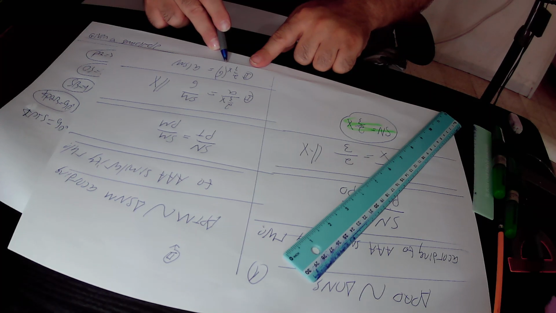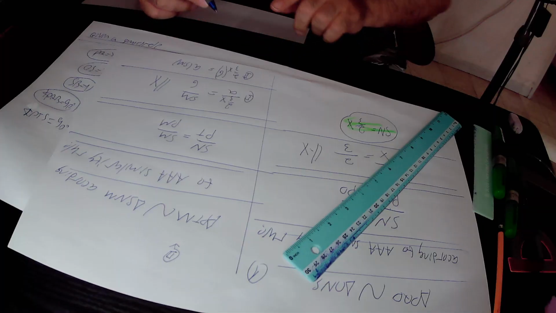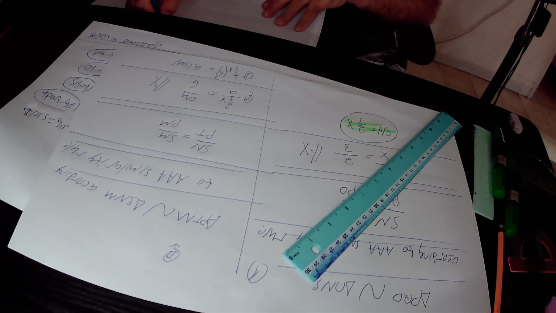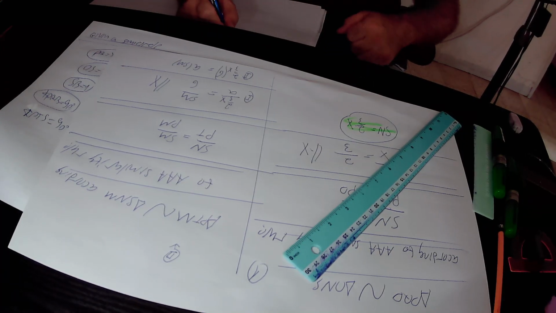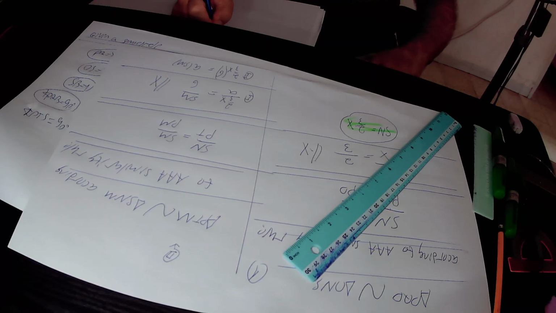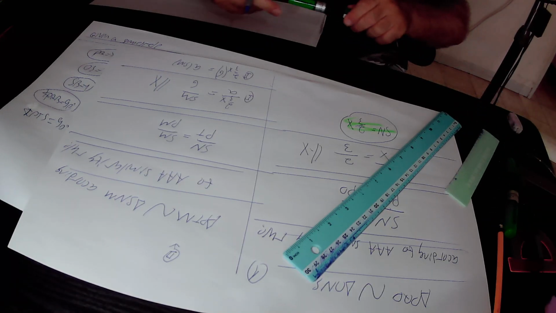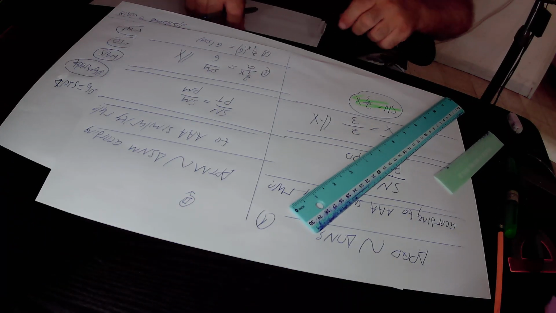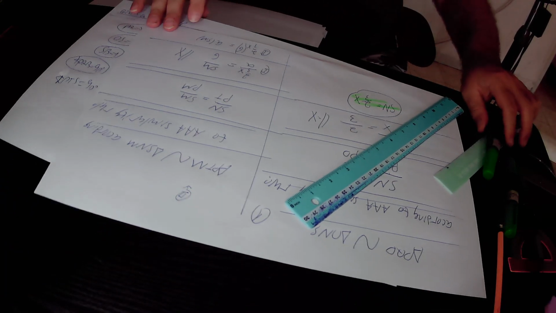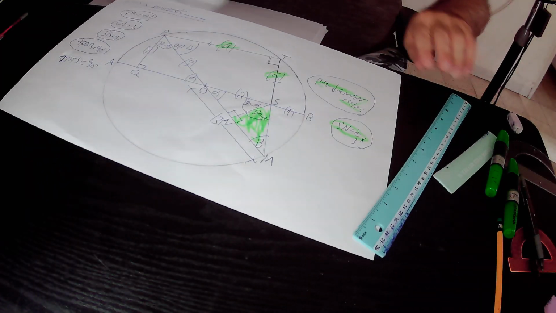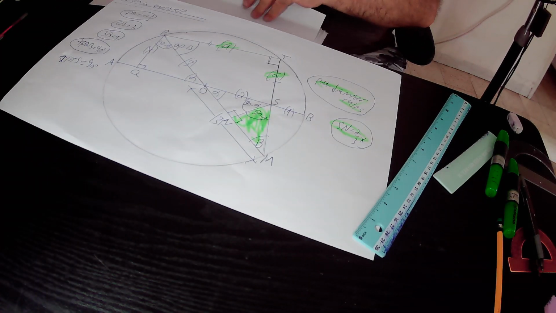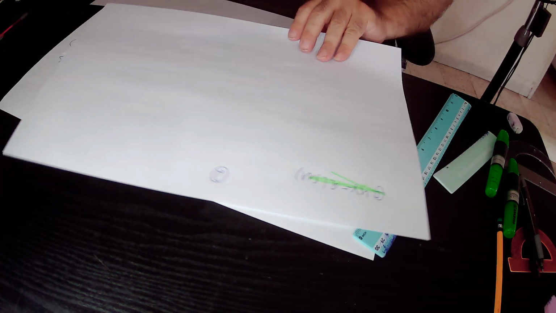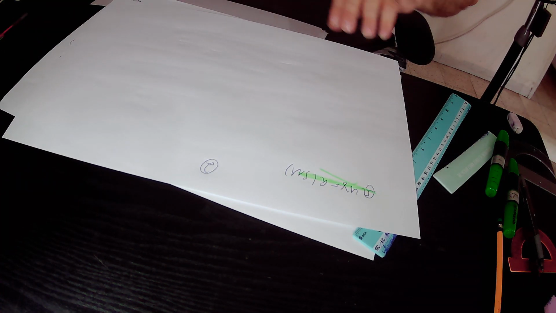So on this side of equation 1, we have 4x, and 4x equals a SM. Together we found out that according to equation 1, 4x equals a SM.